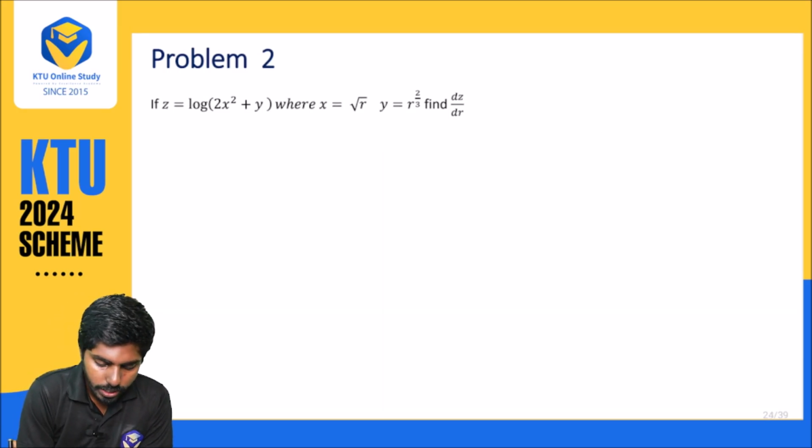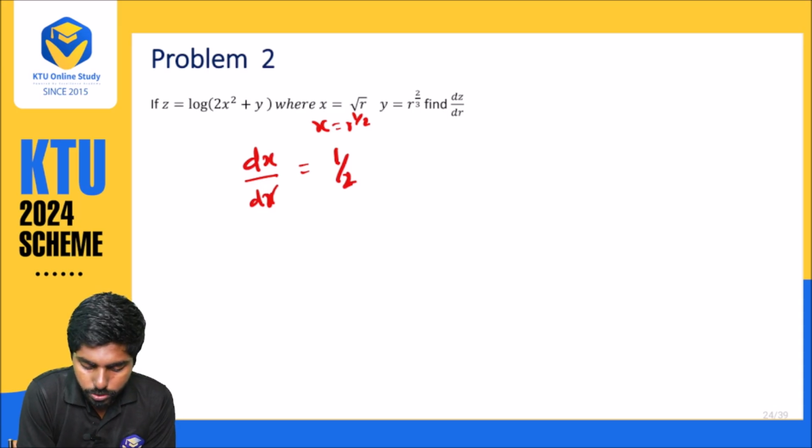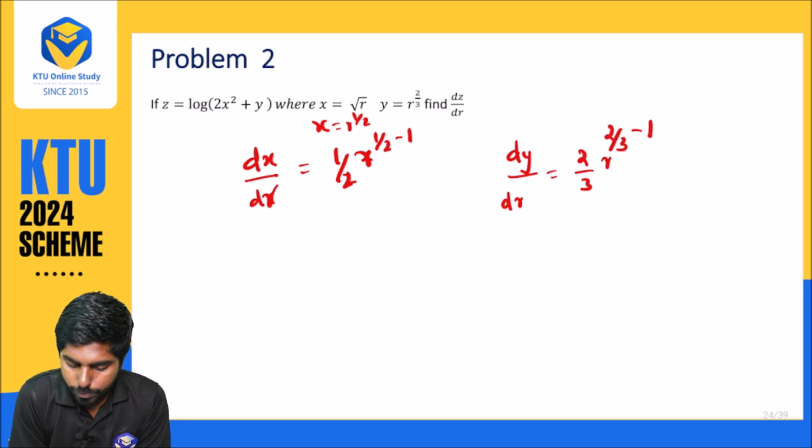So dx by dr is equal to 1 by 2 into r power 1 by 2 minus 1. Here also dy by dr is equal to 2 by 3 into r power 2 by 3 minus 1. So 1 by 2 minus 1 is nothing but minus 1 by 2.